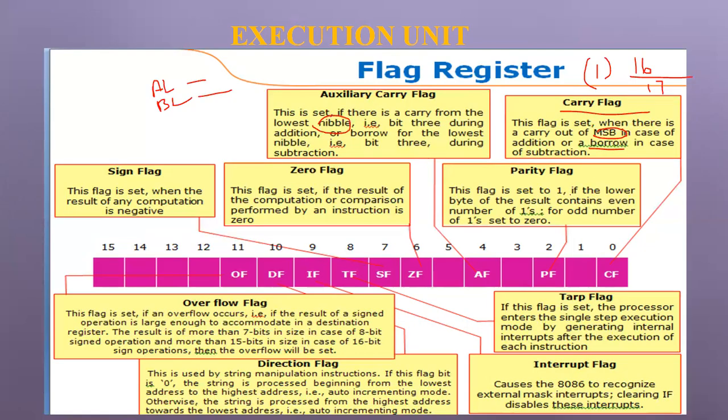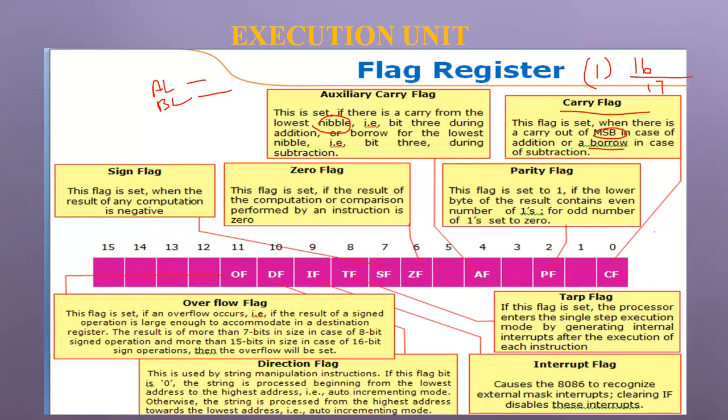The first one is the trap flag. The processor enters single-step execution mode by generating an internal interrupt after the execution of each instruction. So we have to check whether some internal interrupt occurs or not. If it occurred, the details will be moved to the trap flag.